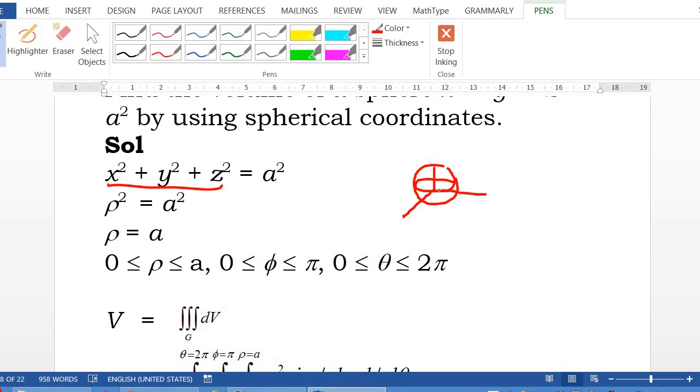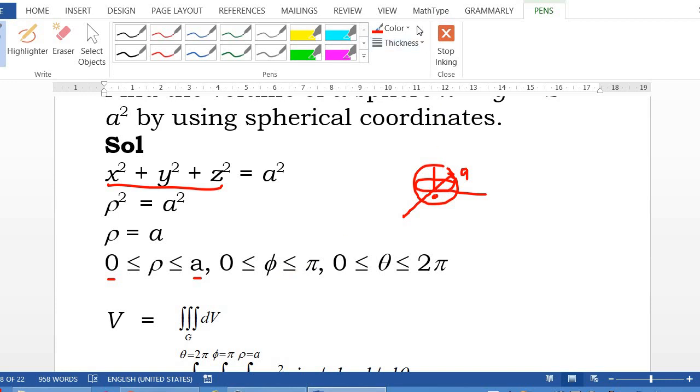Rho is from the center of your sphere up to the radius, from 0 until a. When you rotate, the radius of the sphere is always at maximum a, and the minimum is from the origin, which is 0.